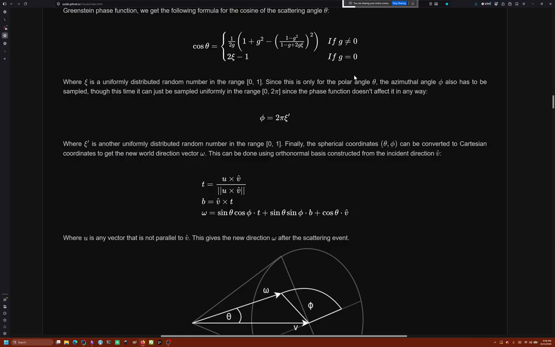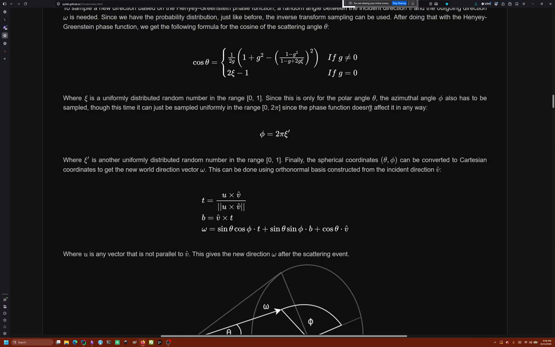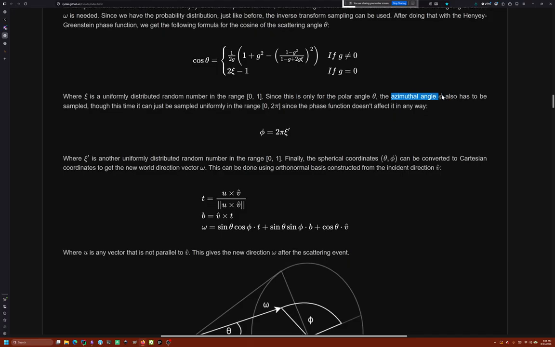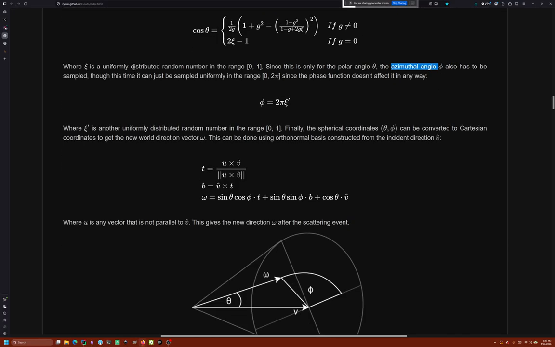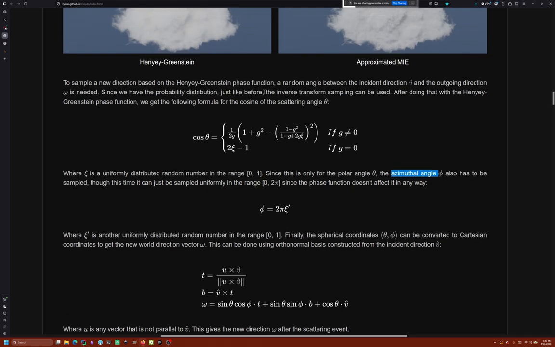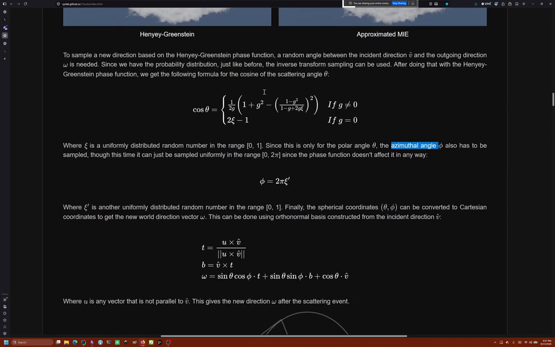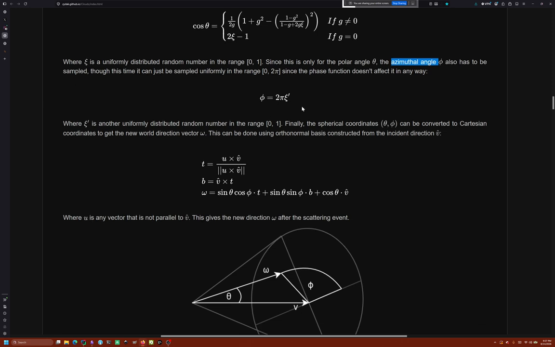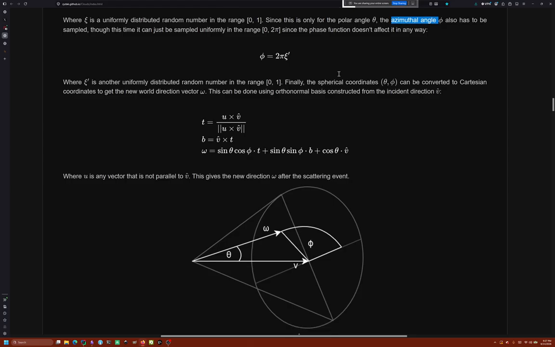Since this is for the polar angle, the azimuth angle, I guess they're calling it here, needs to be sampled also. That's about the incoming vector. It's kind of a roll term, and that's just uniformly distributed times 2 pi, because the phase function doesn't really affect it.